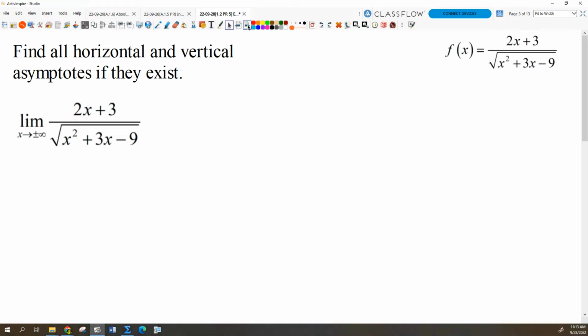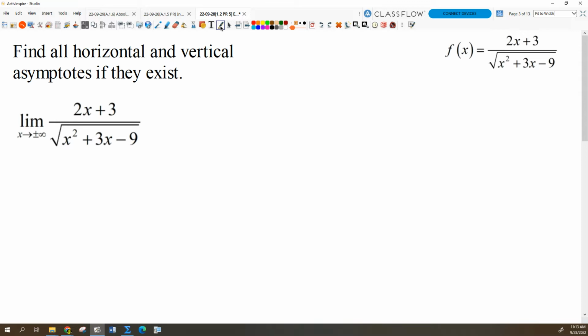Well, take them separately. Look at the top polynomial. It's got 2 terms. Which term is going to dominate when x is large? 2x, right? In the bottom polynomial, which term is going to dominate when x is large? x squared, right? The leading term dominates. So let's think about this in terms of the limiting behavior.